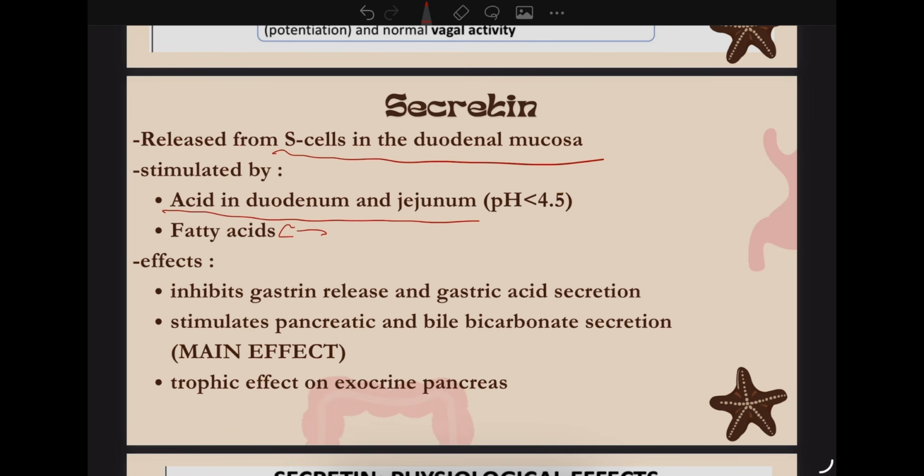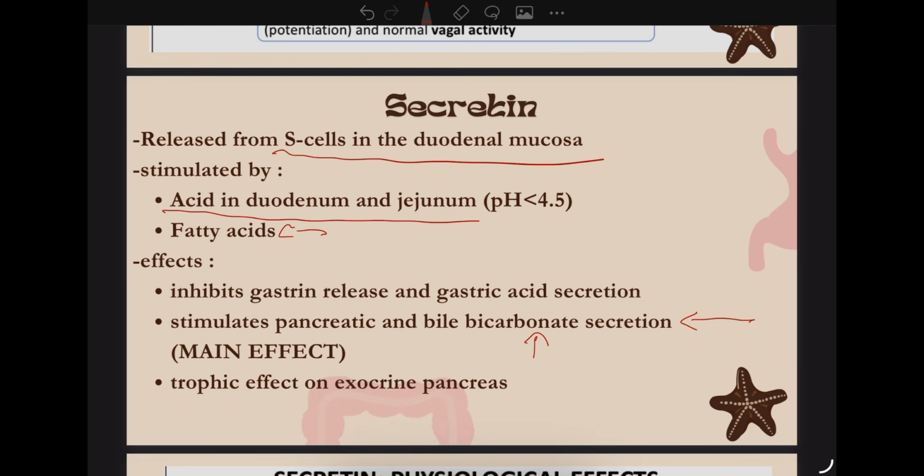Why is it the most important thing? Because see what secretin does at the second thing here. It stimulates pancreatic and bile bicarbonate secretion. Bicarbonate is what? A base. So when you have high acidity in the duodenum and jejunum, which are places that are not made to accept this high acidity, you want to stimulate this bicarbonate secretion to neutralize the acid.